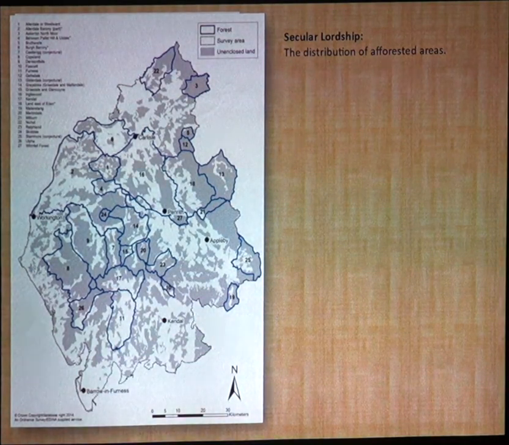They were fairly autonomous, and they were given permission to forest areas, bring them under forest law, which ostensibly is for hunting, but in fact means they've got rights to do all sorts of different things in those areas and restrict what the tenants, the peasantry, could do under them. If you move on, please.